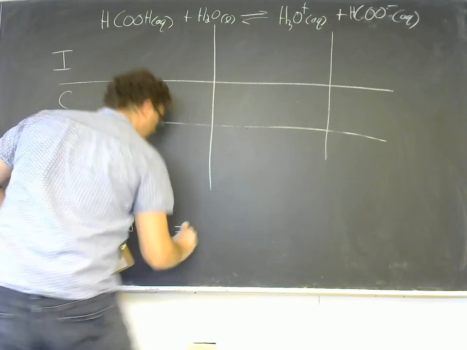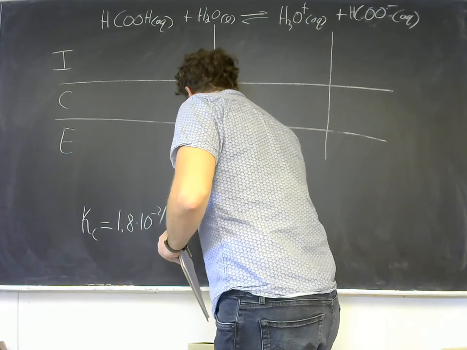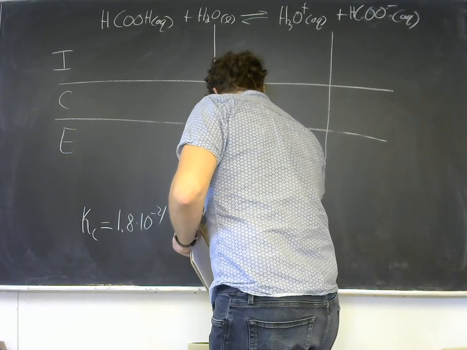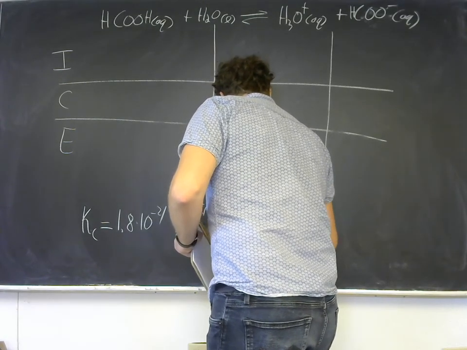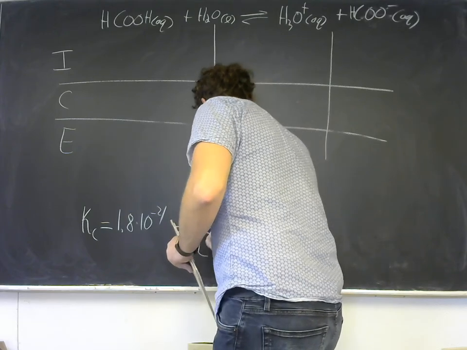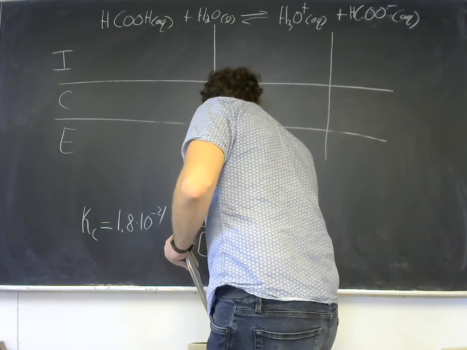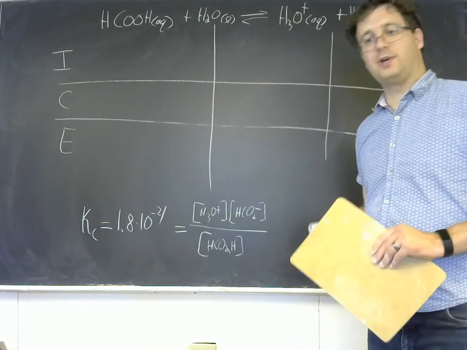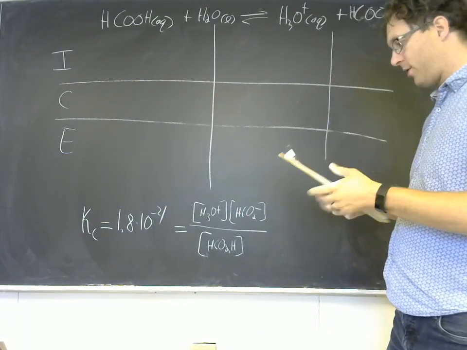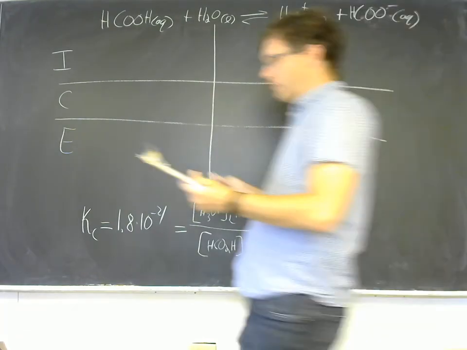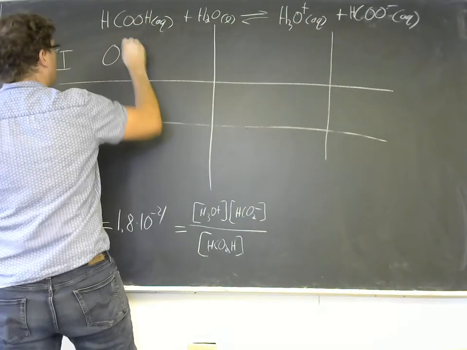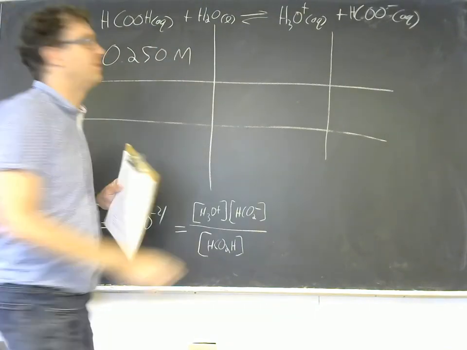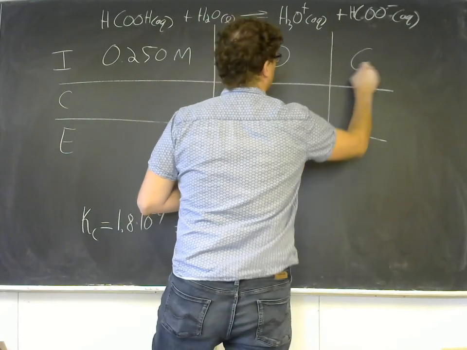Okay, and that is going to equal H3O plus times HCO2 minus over HCO2H. Those are the aqueous species in this reaction. Okay, so if I start with 0.25 molar formic acid, and we'll say 0 and 0 for those.